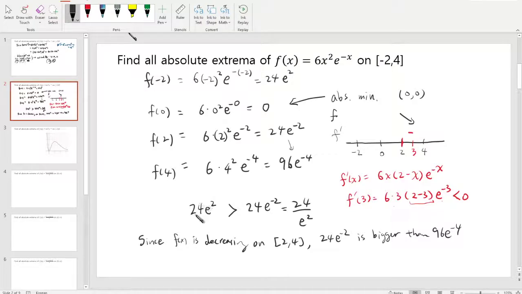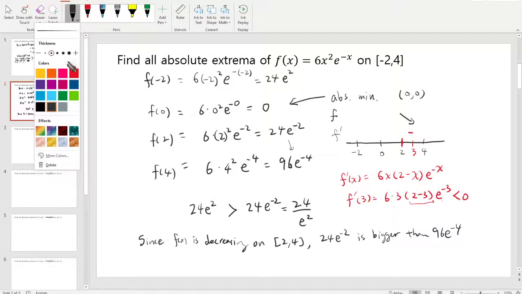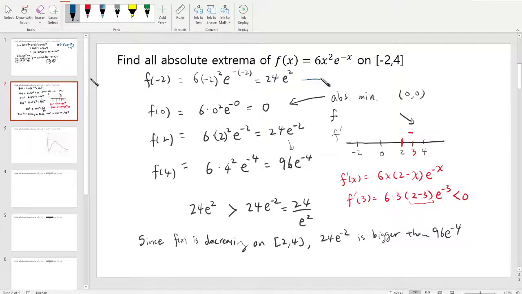So after this argument, we know that this is the absolute maximum. So the absolute maximum is negative 2 comma 24e squared. Okay, so that's the answer, and I drew the graph just to assure you why this is true.